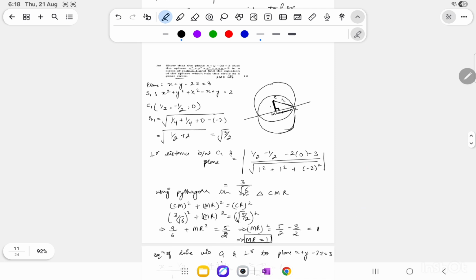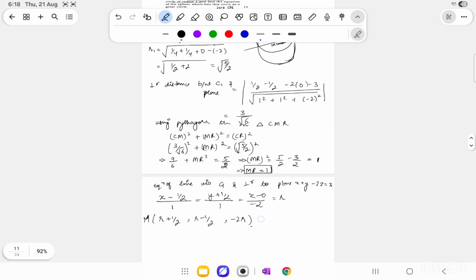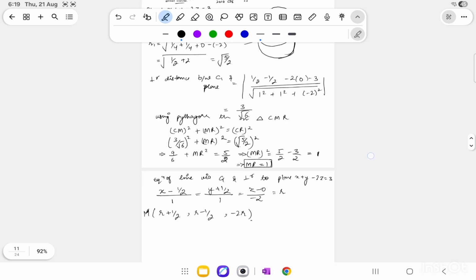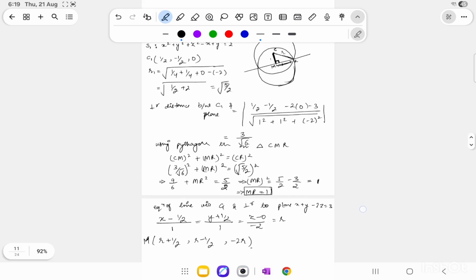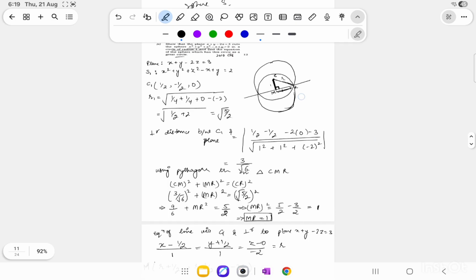Further, the question says that this circle serves as a great circle to the sphere which we are supposed to find. So if this circle is a great circle of that sphere, this point M must act as the center of the sphere. Also, this point M is lying on the plane.